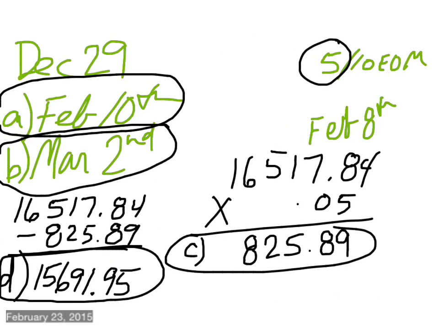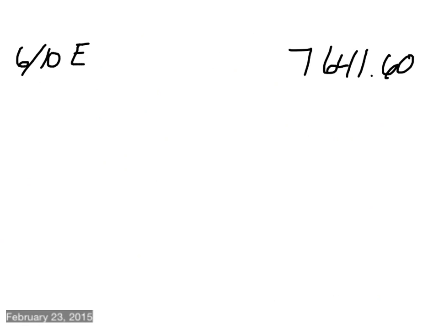Emily's asked for number 10. Number 10 says we have a net price of $7,641.60. The terms are 6/10 EOM and net 30 EOM.